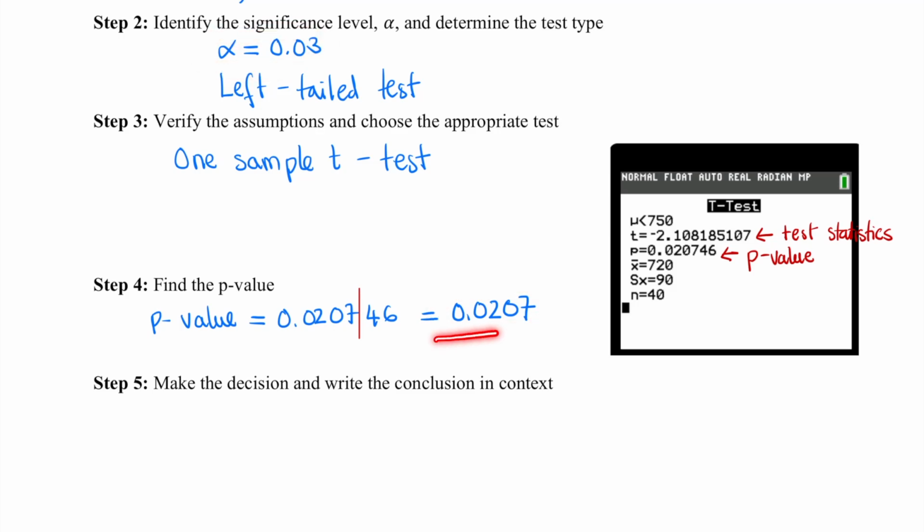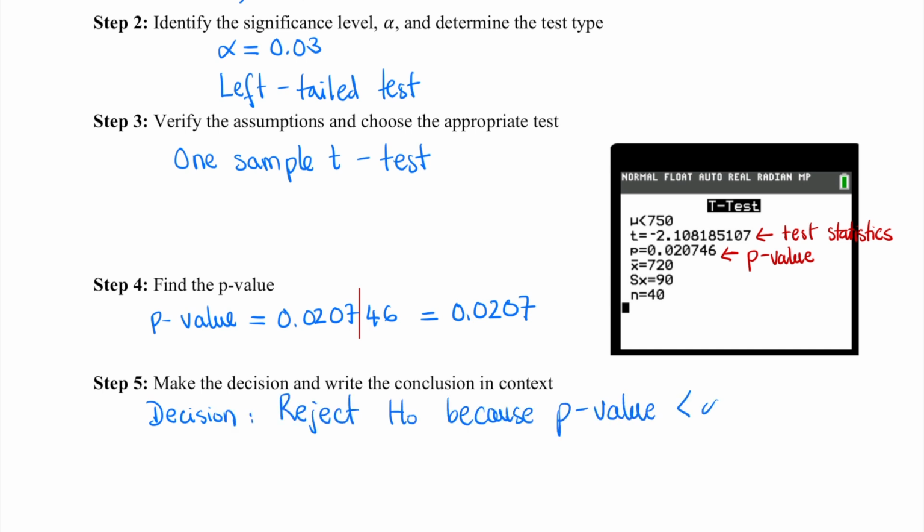P-value is 0.0207 and alpha is 0.03. Is p-value less than alpha? Yes. So we reject the null hypothesis. Always make sure to justify your answer.